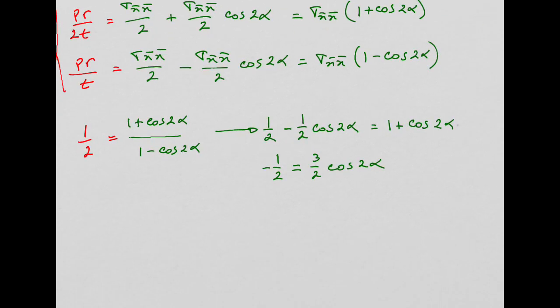Or if you want, I will have minus 1 equal to 3 cosine of 2 alpha.